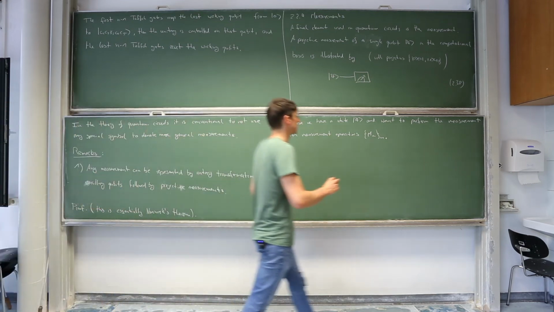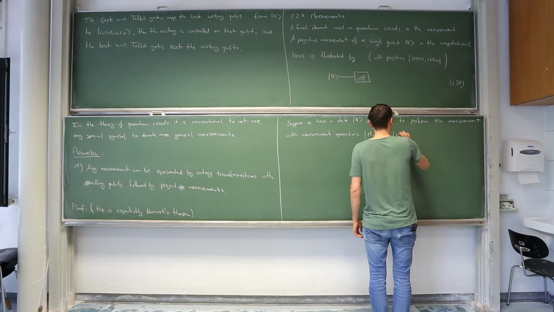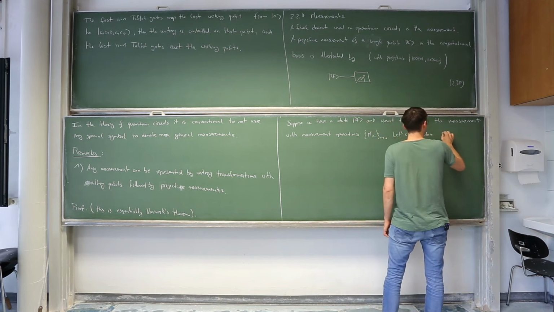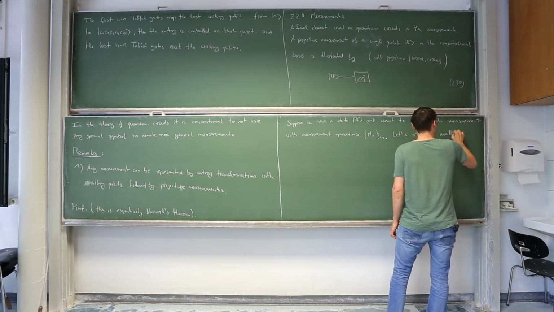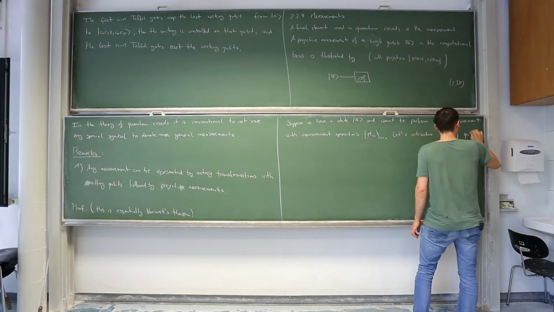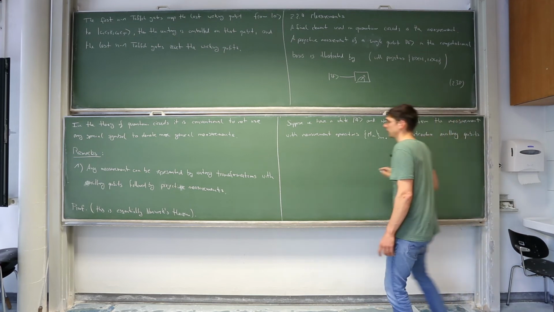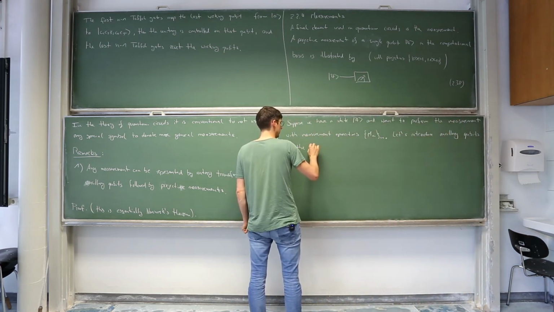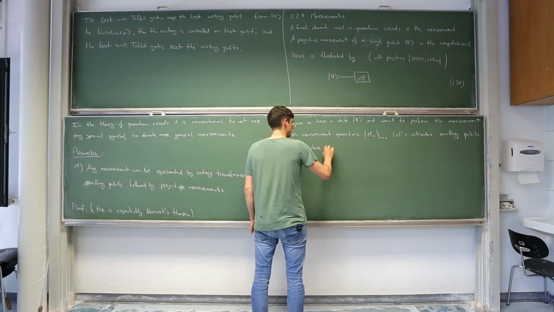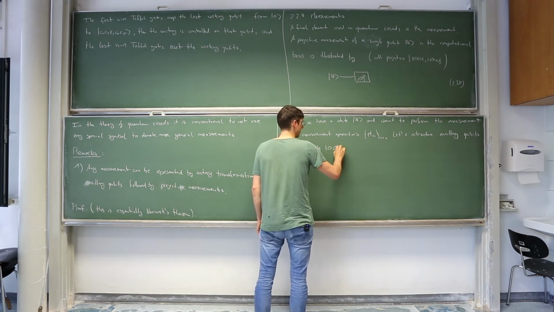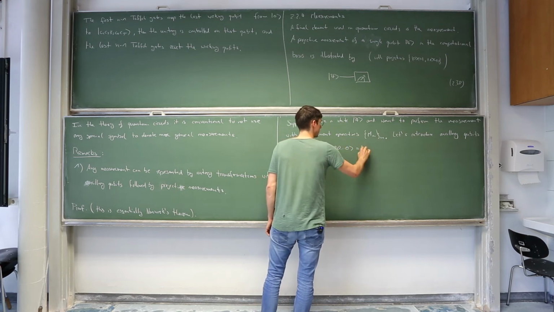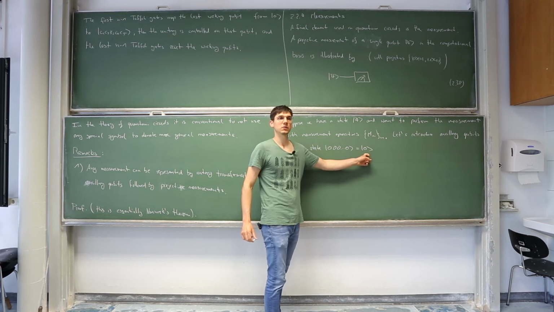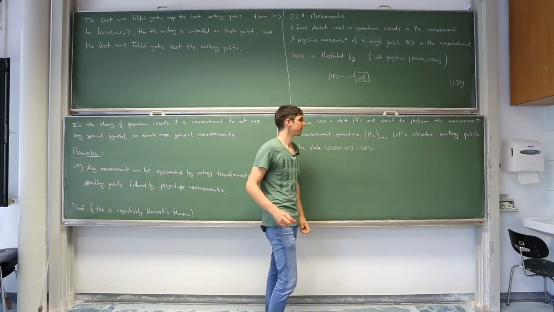So let's introduce ancillary qubits in the state, say 0. So say all of these qubits are 0, and I simply denote this by a 0. So this is also a state of many qubits.